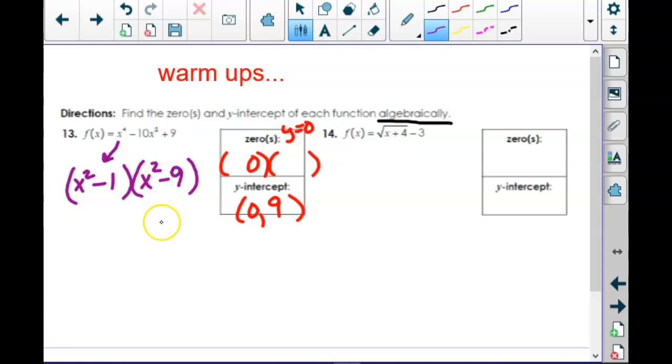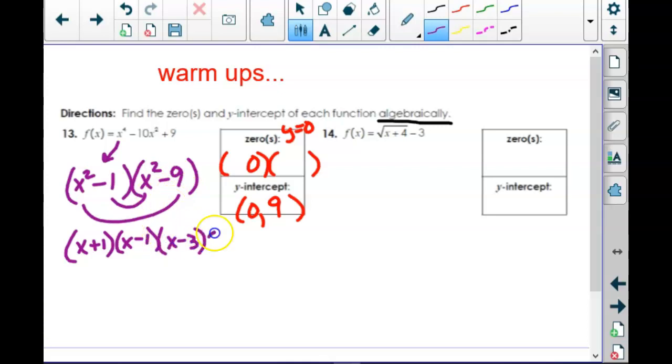We'll practice this a lot more before I require you to do it, but that would give you a -1x squared, a -9x squared, so a total of -10x squareds in the middle. Help me factor this further though. How does x squared minus 1 factor? Difference of squares, everybody good? So the second one would factor x minus 3, x plus 3. We good?